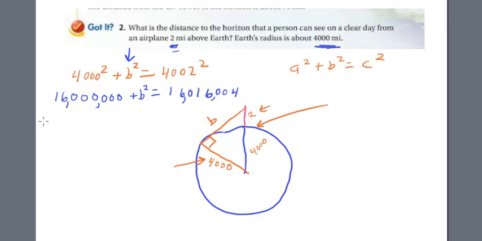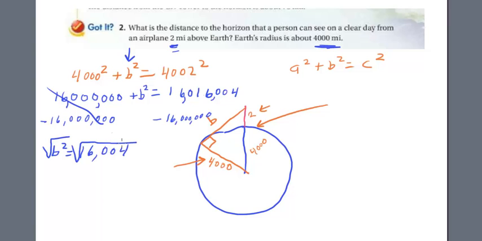So I want to solve for b. I'm going to subtract 16 million from both sides. These will cancel out, and I'm left with b squared equals 16,004. So now I just take the square root of both sides using my calculator.